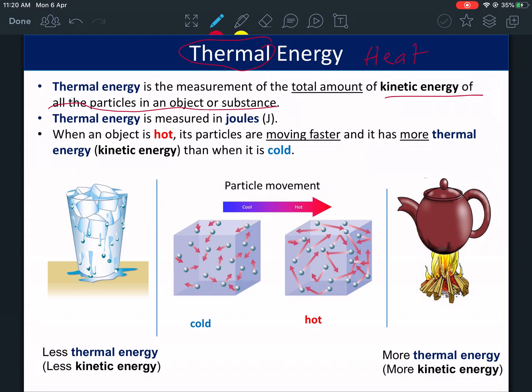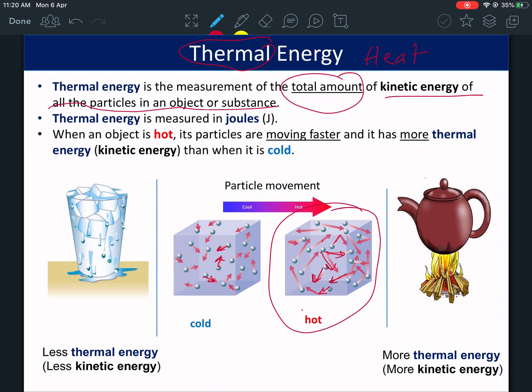Remember when we said that the hot objects, see this one, it has movement that is faster, and the cold object has movement that is slower. So the total amount of kinetic energy is the movement of these particles.